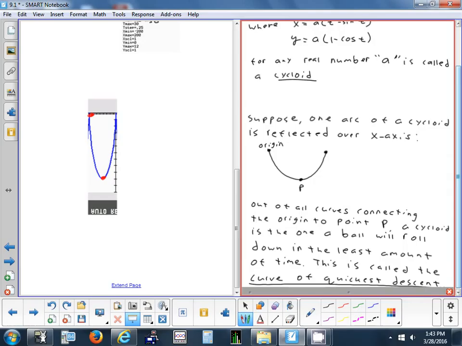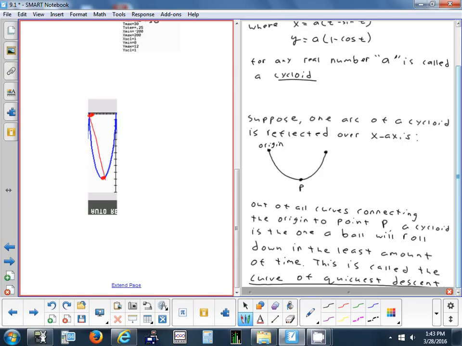There's no faster way for the object to stay in contact with a surface and get down to that point. That's called the curve of quickest descent. Right? So like if you put a plank like that and just let it roll down that, it would be slower. Or if you tried your curve a little differently, like that curve wouldn't be as fast. Okay, this is the curve of quickest descent.